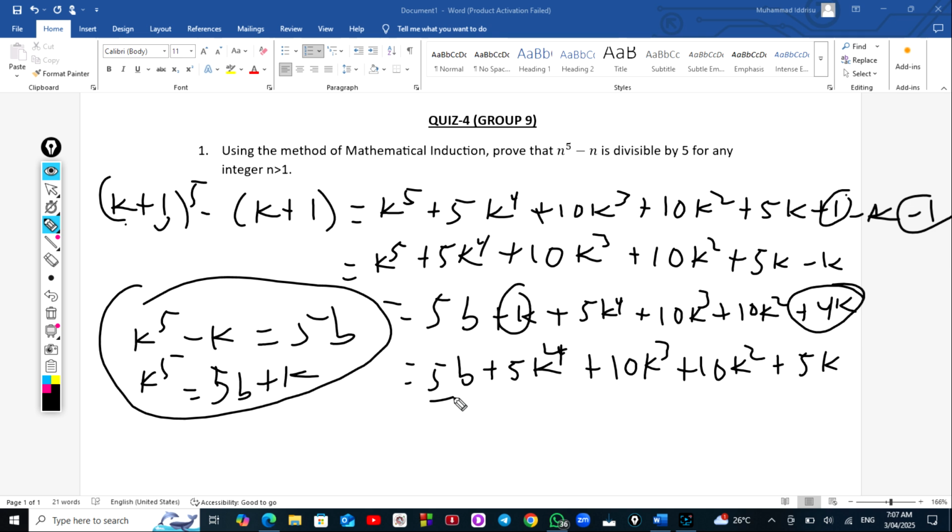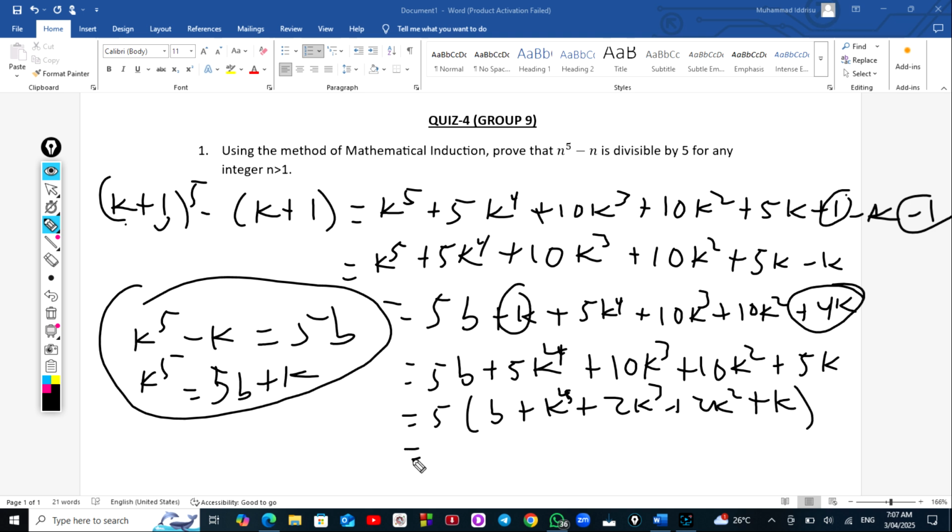You can see that 5 is common throughout, and since 5 is common throughout, we can factor the 5 out, leaving 5 multiplying b plus k to the power 4 plus 2k to the power 3 plus 2k square plus k.